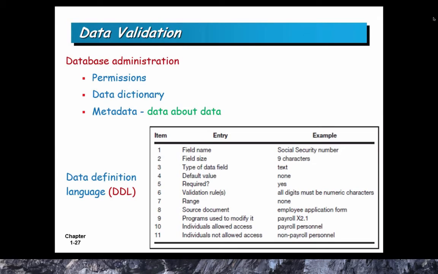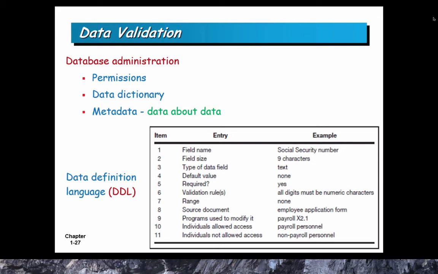It says text here, but somewhere you can have a validation, right? There's a validation rule right there in the middle of the data that says it must be numeric. So this is metadata. It's defining information about your Social Security number.